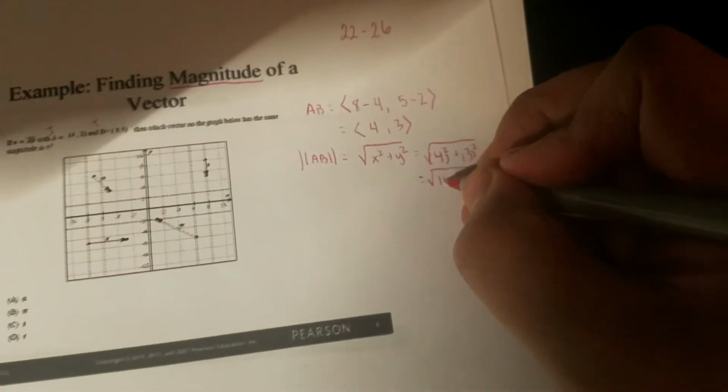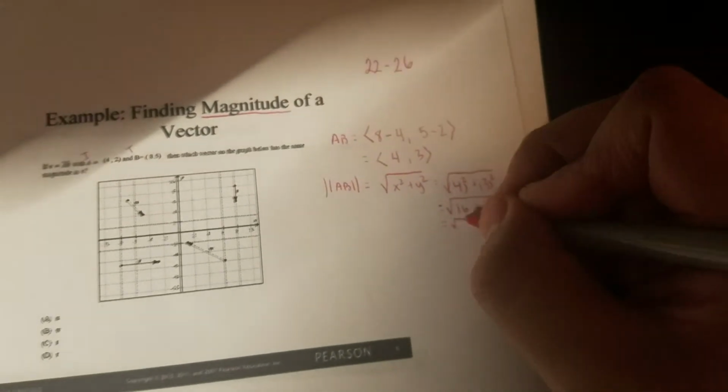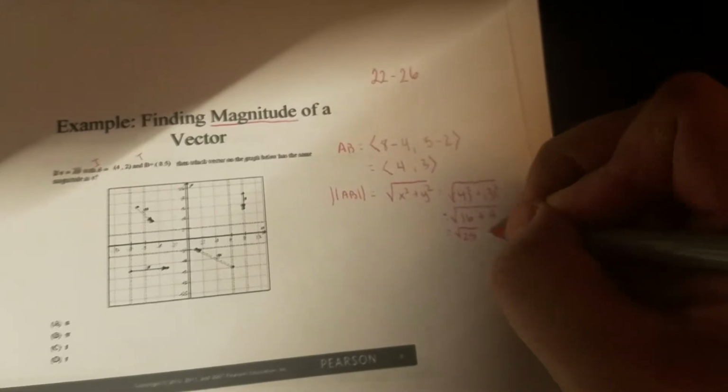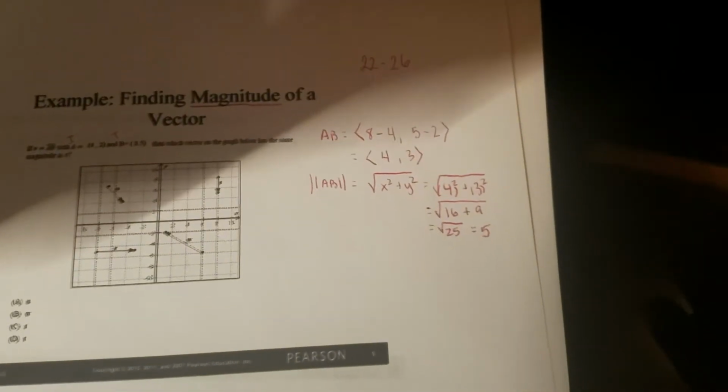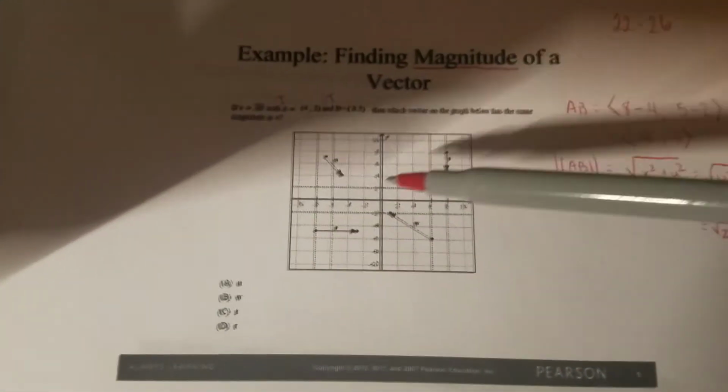So this is going to equal 16 plus 9, which means this is the square root of 25, equals 5. So this is my magnitude right here. Now what I want to do is look at all of these answer choices. These are 4 different answer choices. Which one has a magnitude of 5?